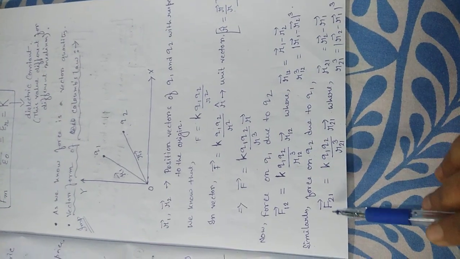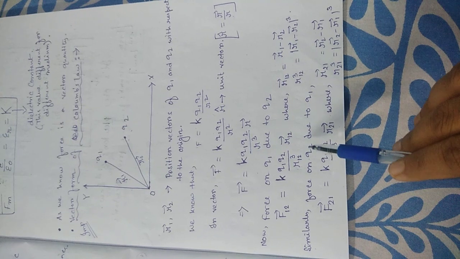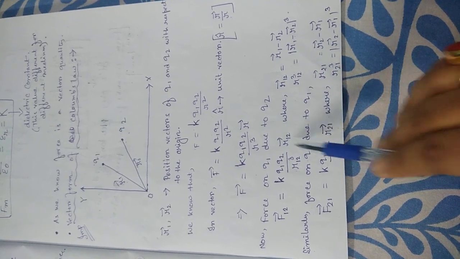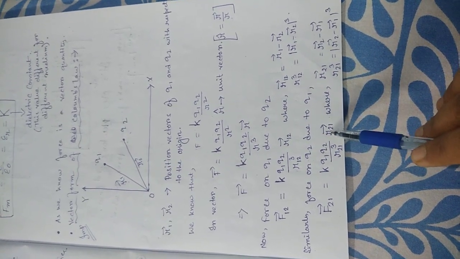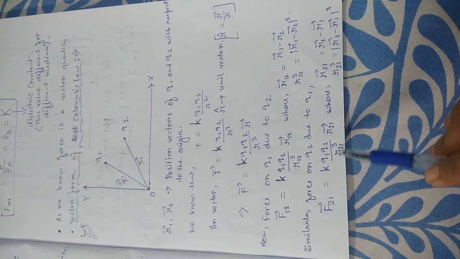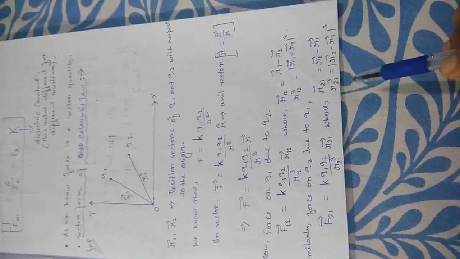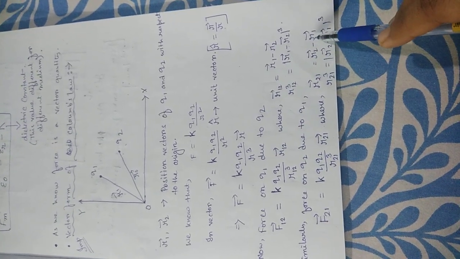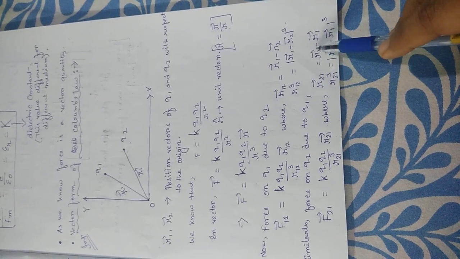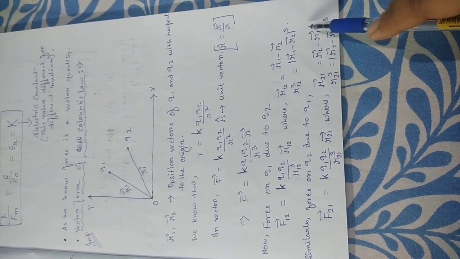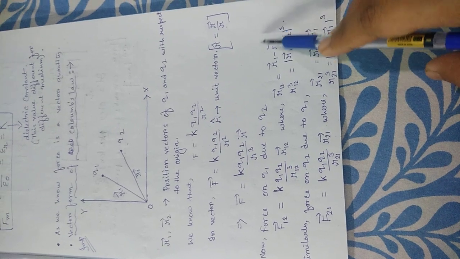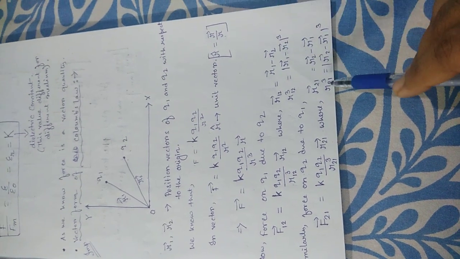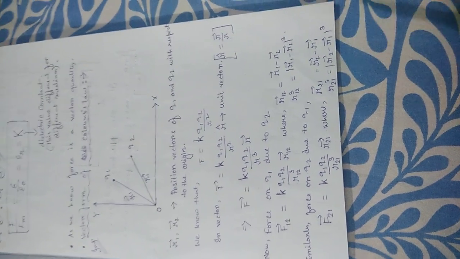Similarly, we can write F21, the force on q2 due to q1: r21 vector by r21 cube, where r21 vector equals r2 minus r1, the position of q2 with respect to q1, and this equals mod of this, cubed.